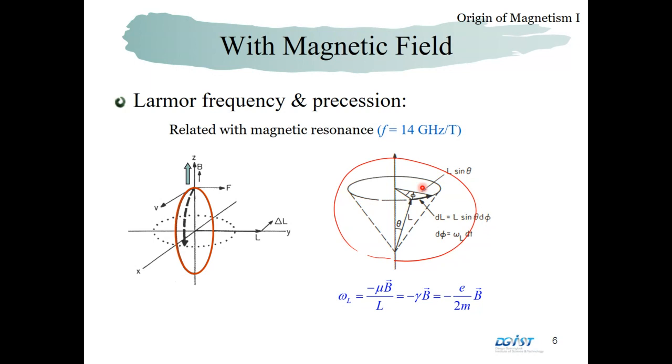The sum of all the energies makes an effective field in a certain direction and certain amount. And then the electron spin internally precesses around that effective field with a given frequency.